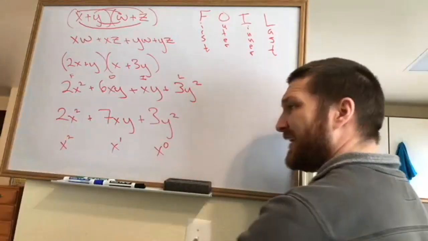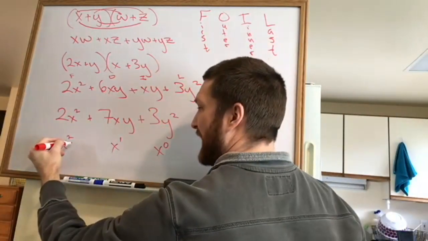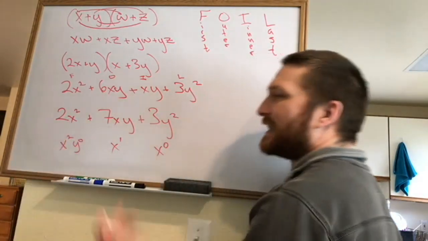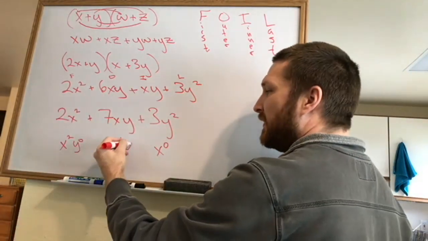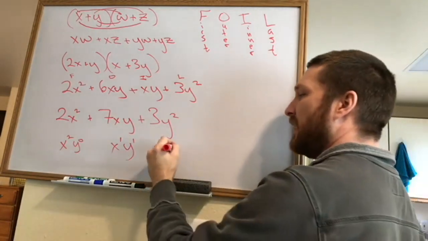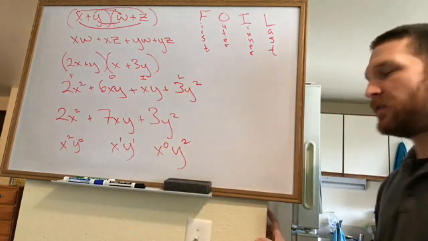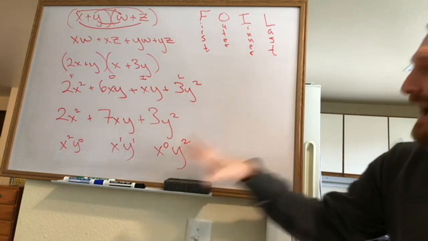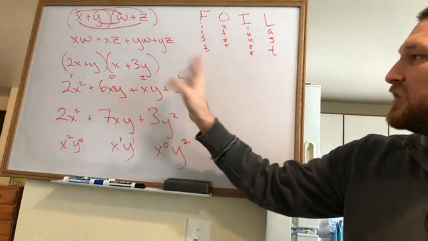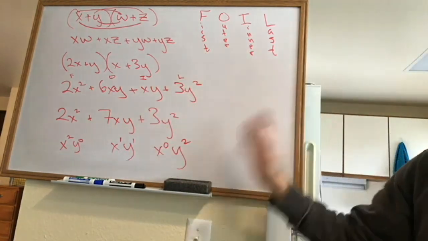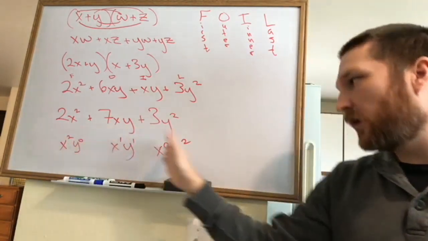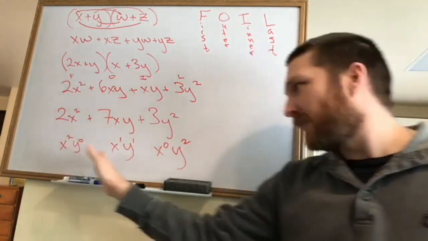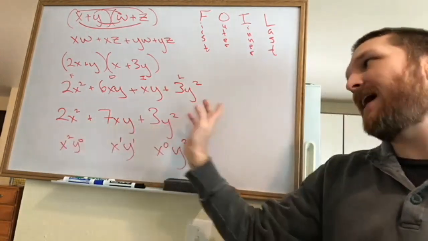The y's are in ascending order. They're in the exact opposite. We could think about that as y to the 0, this is y to the 1, and this is y to the 2. And so it's kind of nice because doing it in this order already puts it in an order that we're going to want it in anyway. It's very nice to have that.